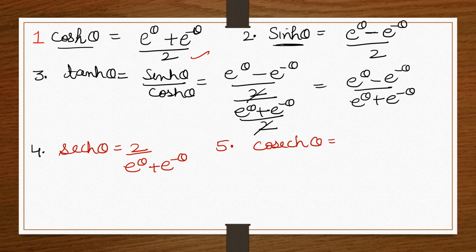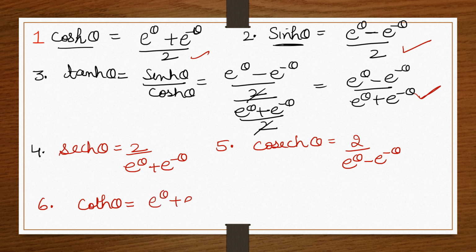So that is the reciprocal of sine hyperbolic, so 2 over e power theta minus e power minus theta. Then the last one is cot hyperbolic theta. So what is the formula for that? Reciprocal of tan hyperbolic, so e power theta plus e power minus theta over e power theta minus e power minus theta. Okay. So these are the hyperbolic identities.